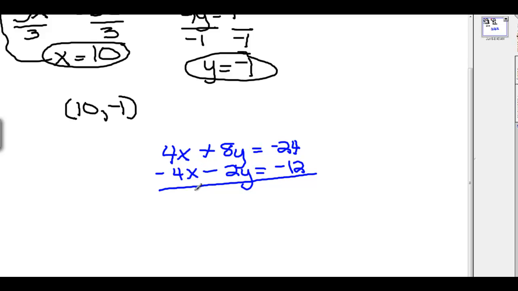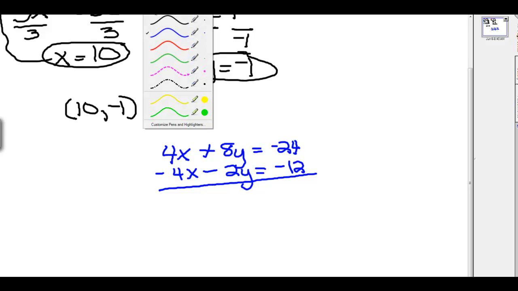Notice in this case, again, the x's line up, the y's line up, and the numbers line up, so it's set up for elimination. We also notice that in this case, our x's have the same number and the opposite signs, which means it's set up to eliminate the x's.